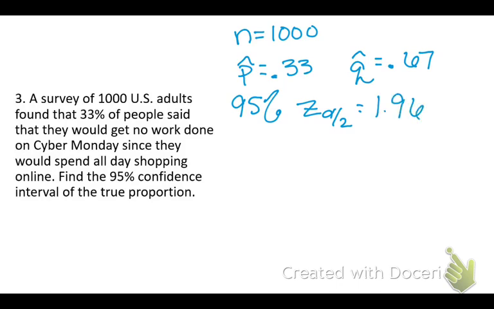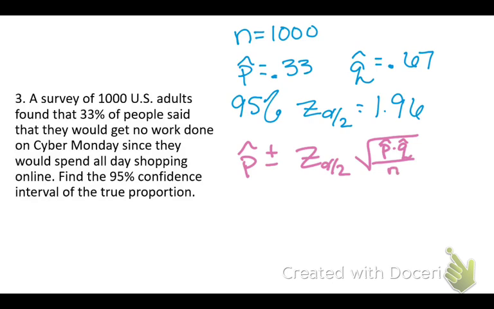And now that we have all of the pieces of information that we need, we can go ahead and plug it into the formula. And the formula for this is similar to what we had previously. P hat plus or minus our z score times, and this is where it becomes different, the square root of p hat times q hat over n.